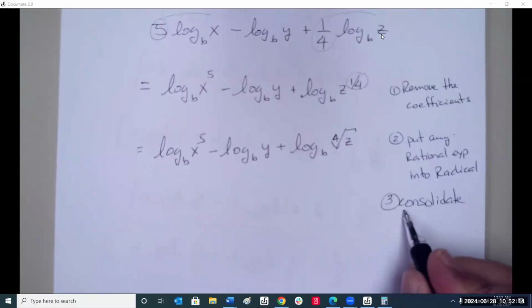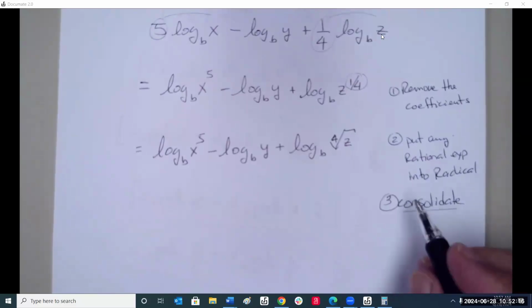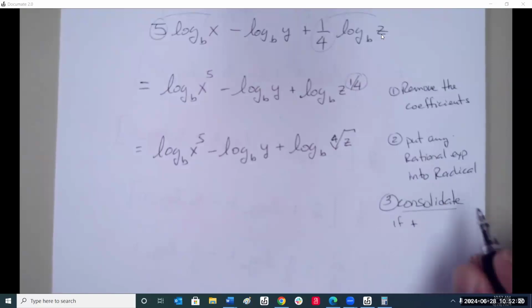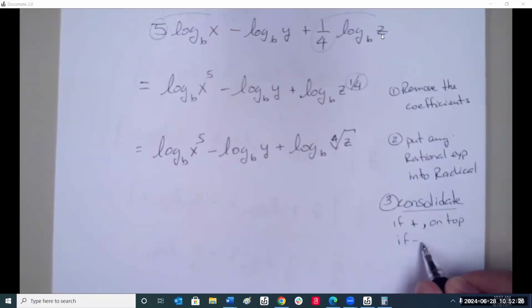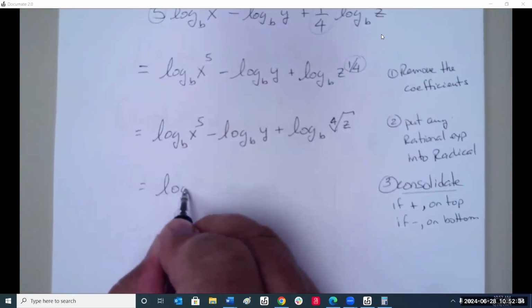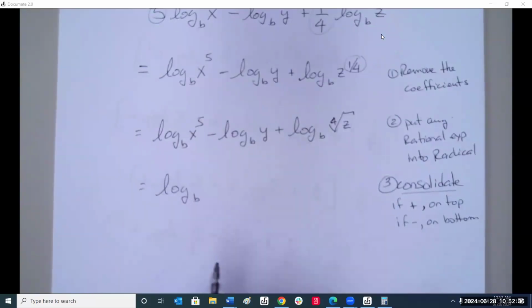Now consolidate. If positive, on top, if negative, on bottom. So it's log base b.